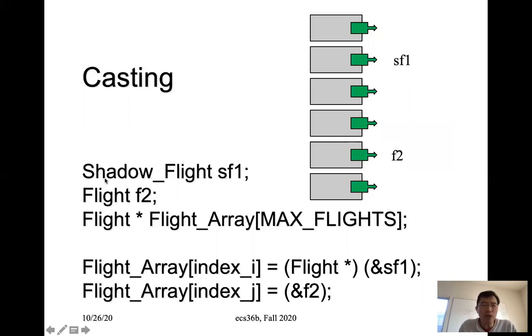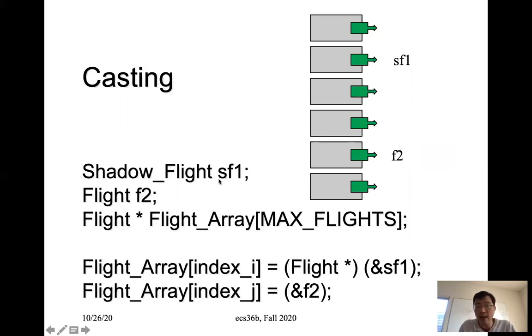So last time I showed the example about casting. Here you can see I'm doing a casting in this particular line: flies underscore array index i is equal to casting fly star, and then the address of the object SF1. Okay, so here are three things I want to provide as background.